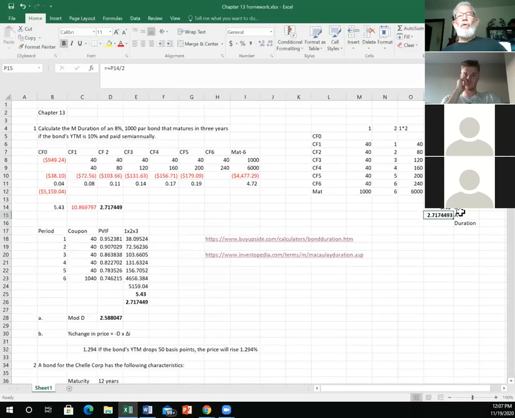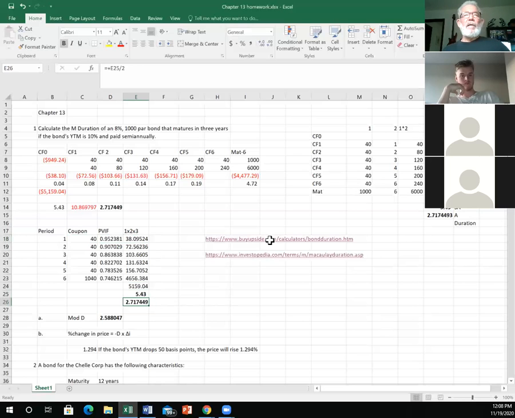So kind of cross-checking my numbers. And over here, I did it the way the book did it, kind of. Here's the coupon, here's the present value, here's this number times its place in line, all the way down, same numbers, same answers. So it's all good.